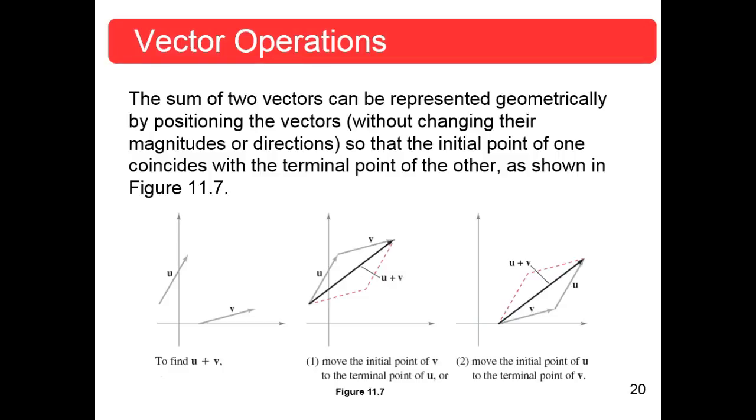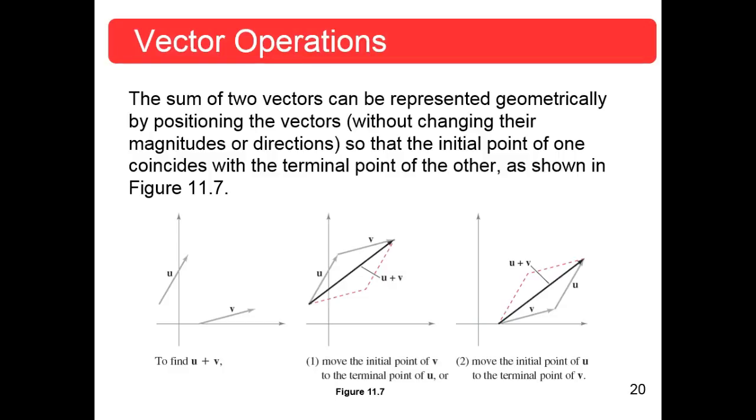Now this is called graphical addition, or geometrical addition. Sometimes it's called the parallelogram method, because if you draw the opposite order, V plus U, you get the lower part of the parallelogram. This would be a diagonal across the parallelogram. And as I just said, if you had started with V and then took U without changing its magnitude or direction, the U plus V vector would be identically the same.